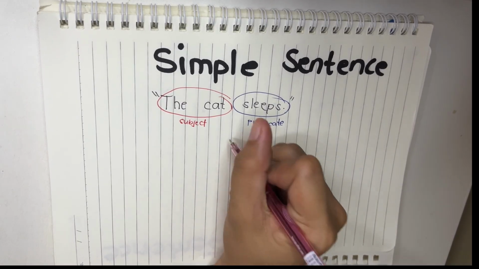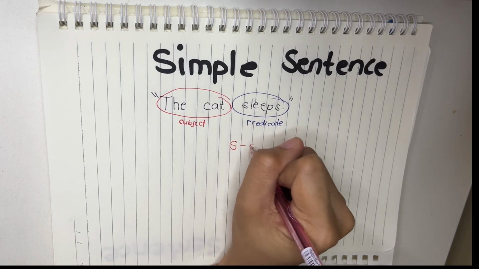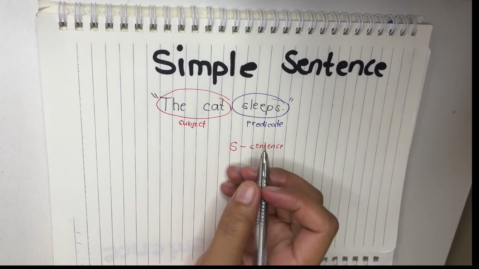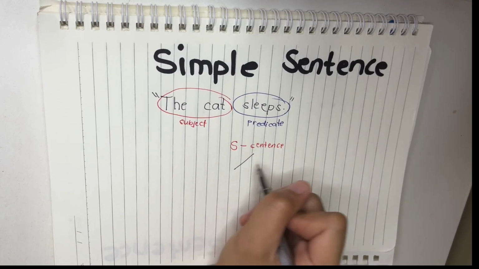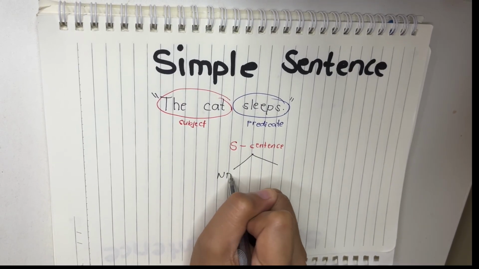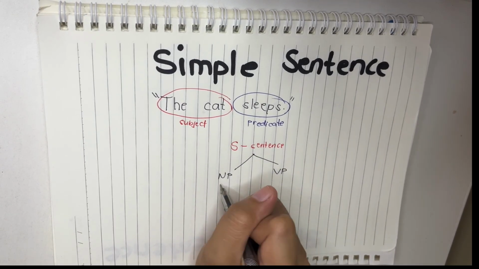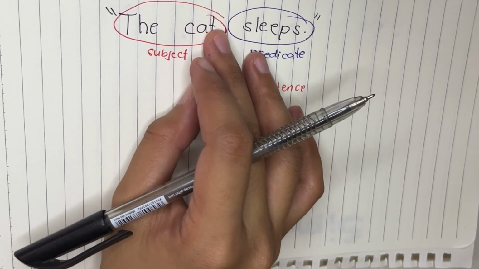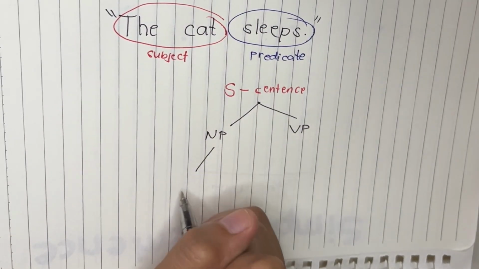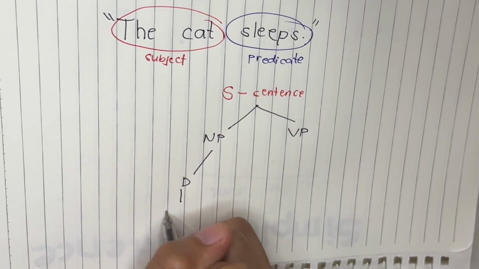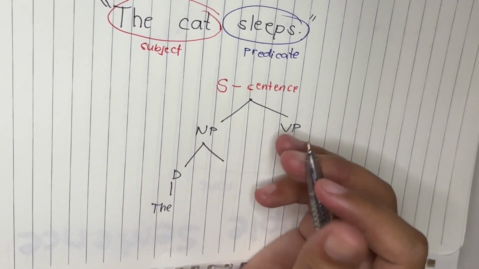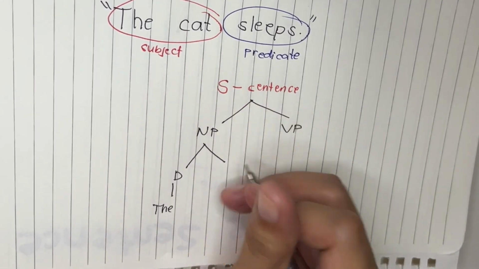So I put here S. It's a sentence. And we have two branches: the noun phrase and the verb phrase. So, in this sentence, as you observe, we have the as a determiner and the noun cat.